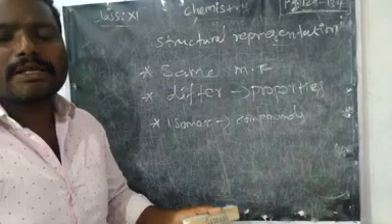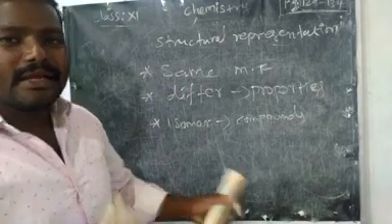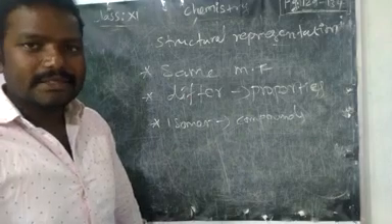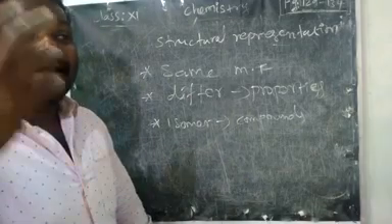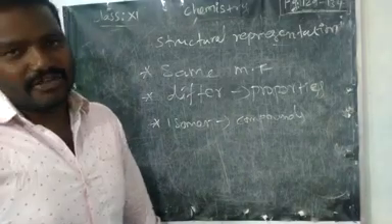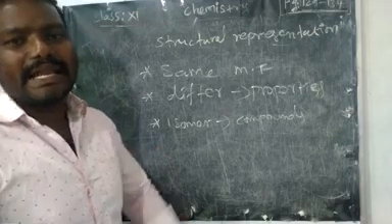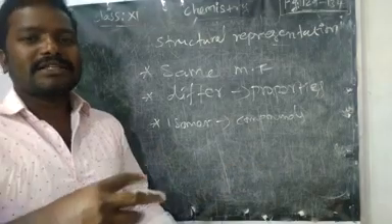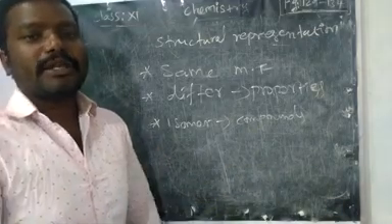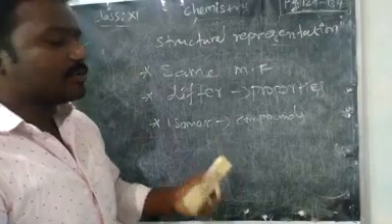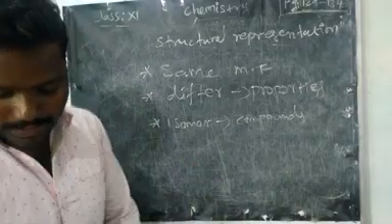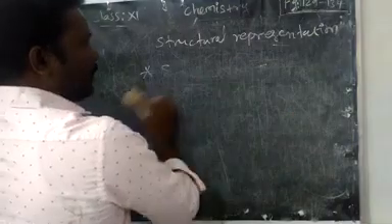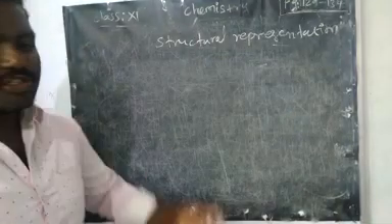They have the same molecular formula, but why do they differ in their properties? Because their arrangement is different. We have seen many types of arrangement. The arrangement of substituents in the compound may produce different properties. Based on that, we are going to classify isomerism.